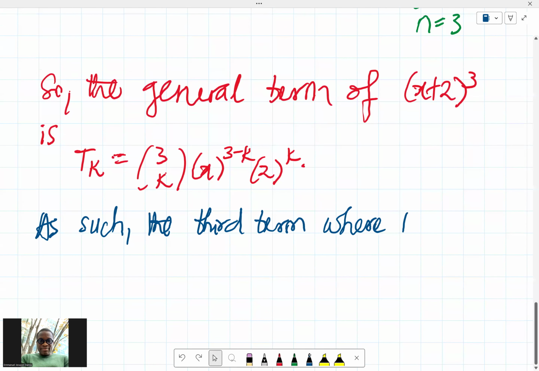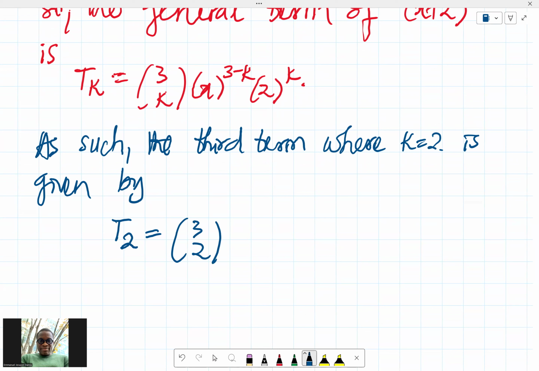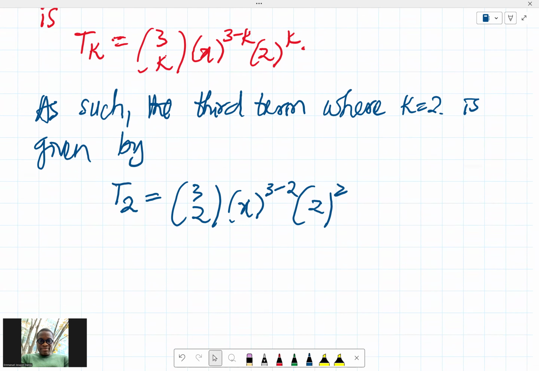So the third term where k is equal to 2 is given by T2 equal. So if you're looking for third term, you go a step before that. So that's 3 combination 2, then x raised to power 3 minus 2, then 2 raised to power 2. So this will give you the third term.